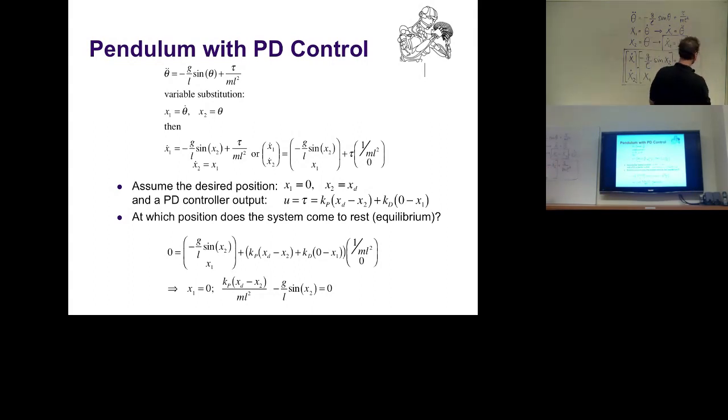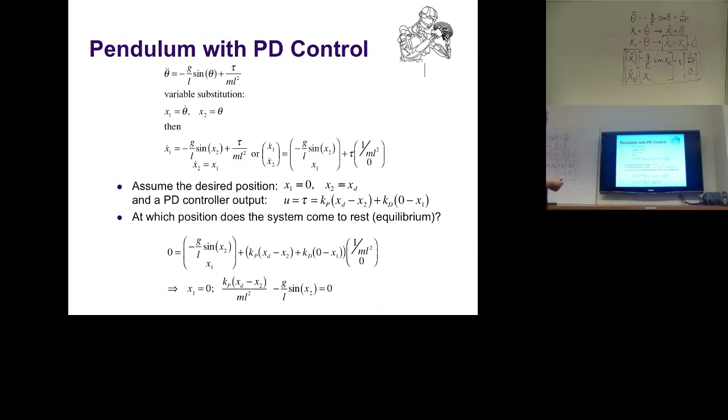And then it has this control term. And I will just basically write the control command separately. Tau is our control times some vector, which is 1 over ml squared. And the second equation didn't have any control term, so it gets a 0. So now we have a vector matrix equation of the system.